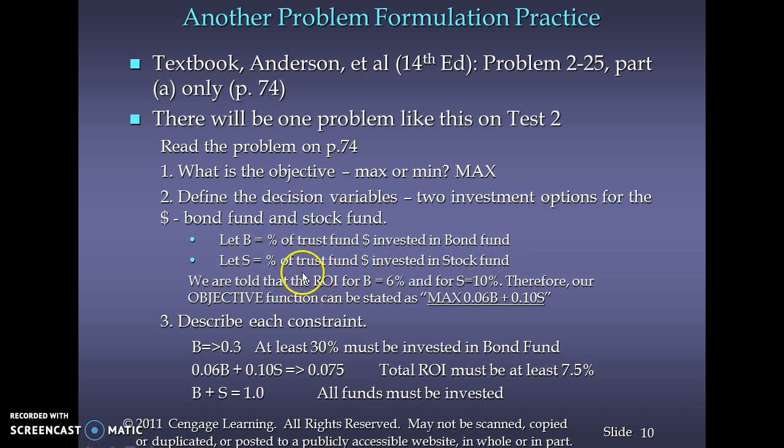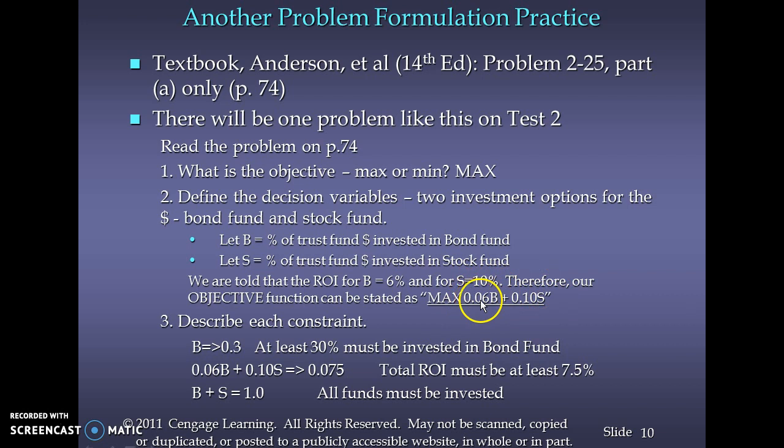Now we're told that the return on investments for bonds is 6% and for stock is 10%. So when we create our objective function here, again, we're always going to be a max or min. We can state this as attempting to maximize the amount of return based on what percentage of monies we're going to invest in the bond and what monies we're going to invest in the stocks.